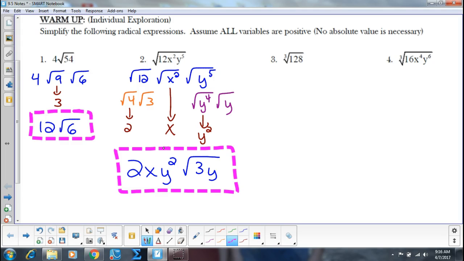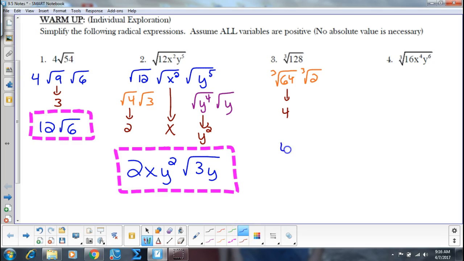Okay? Cube root of 128. 2 and 64, because, oops, we went this way. The cube root of 64 and the cube root of 2. So this one becomes 4.